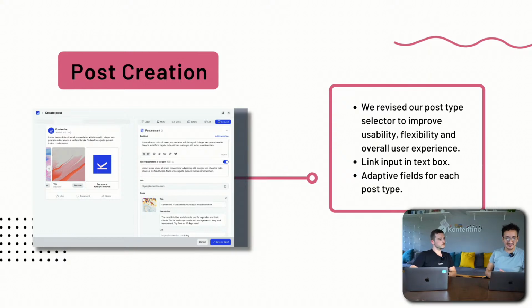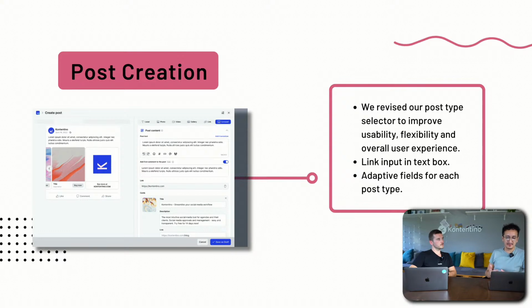So we are changing the paradigm of how it works. Basically, we're going to give you more flexibility. You're going to be able to switch between the different post types, and the post content is going to adapt to the post type that you have, so you will only see the fields that are relevant for that post type.